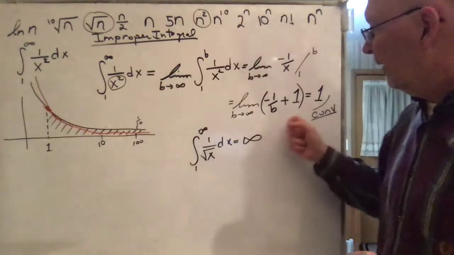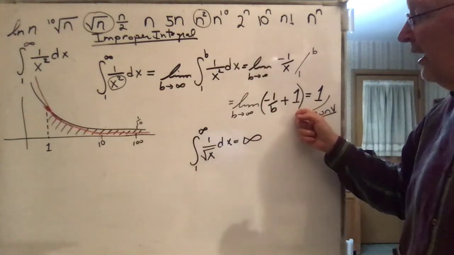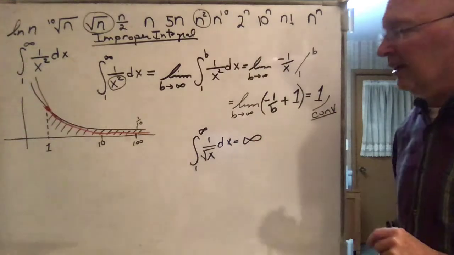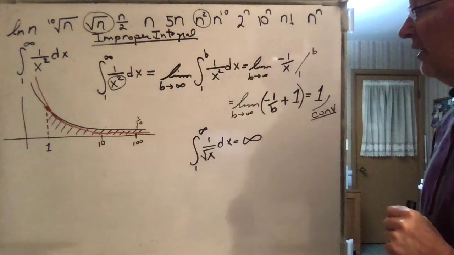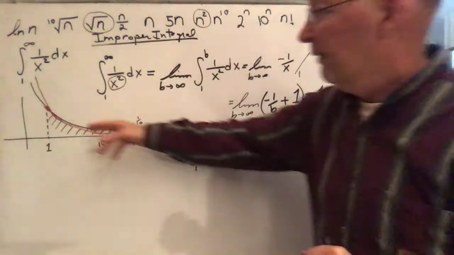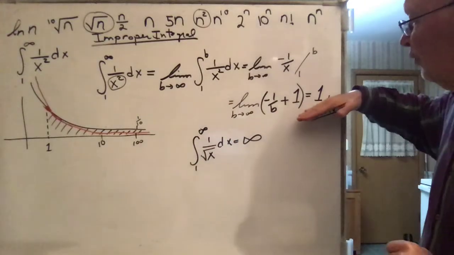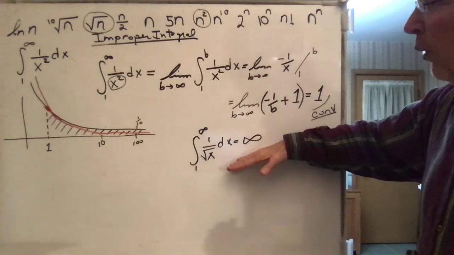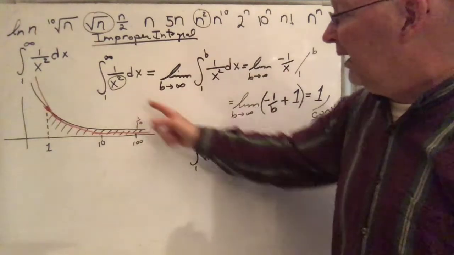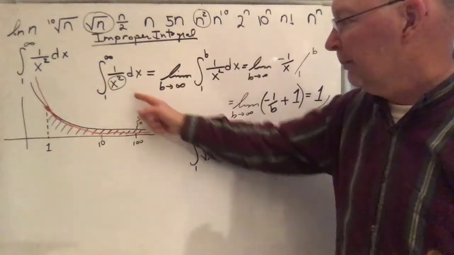And that makes all the difference in the world as to whether this thing converges to a finite number or goes off to infinity. Okay, I'm going to say that one more time. That's such a key difference. They have the same general shape, same general behavior. One of them converges to a finite number. The other one, the area goes off to infinity. Why is that? It all depends on how fast these things are getting big.